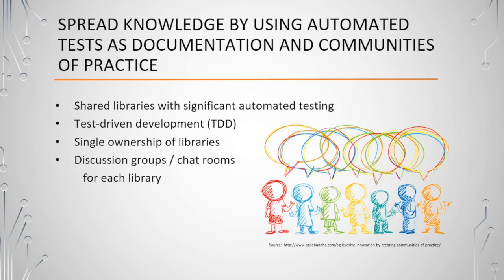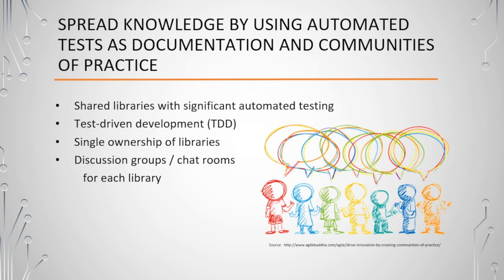Other ways to spread knowledge are to use automated tests as documentation and to incorporate communities of practice in our organization. Shared libraries with suites of automated testing are self-documenting. They are instructive to engineers wanting to understand application functionality. This is especially true when using test-driven development.